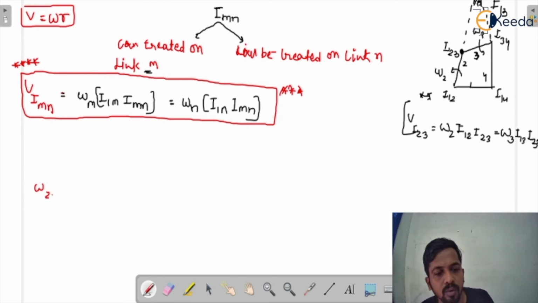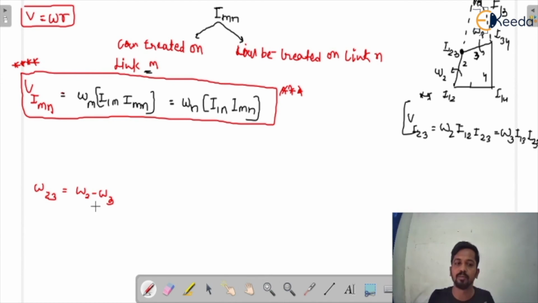That is omega 23, that would be equal to omega 2 minus omega 3. Like that you can write the relation for the relative motion between link 2 and link 3.